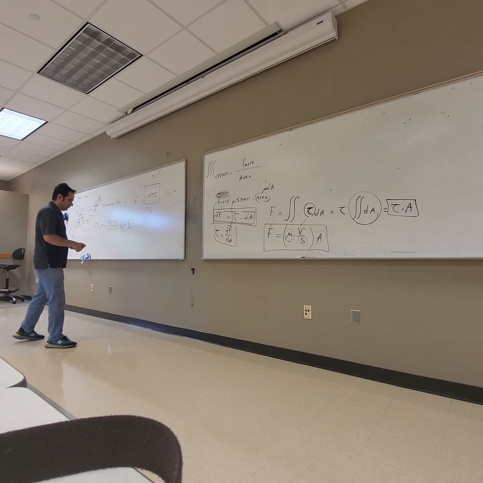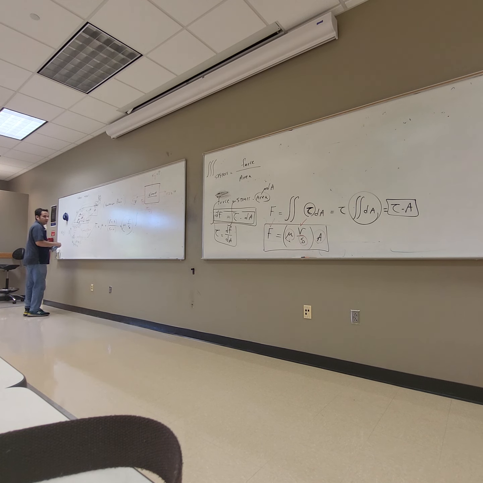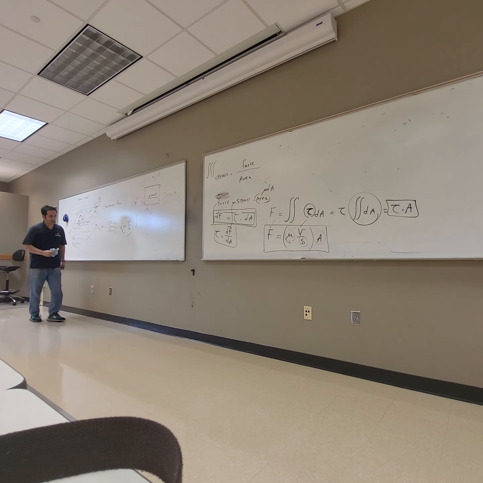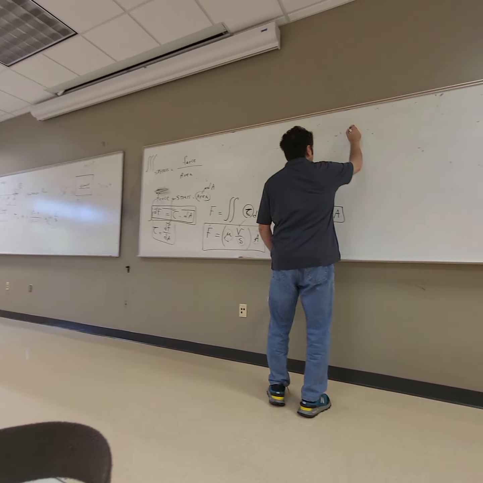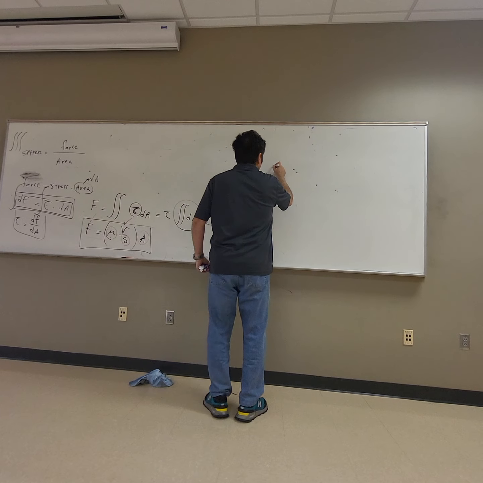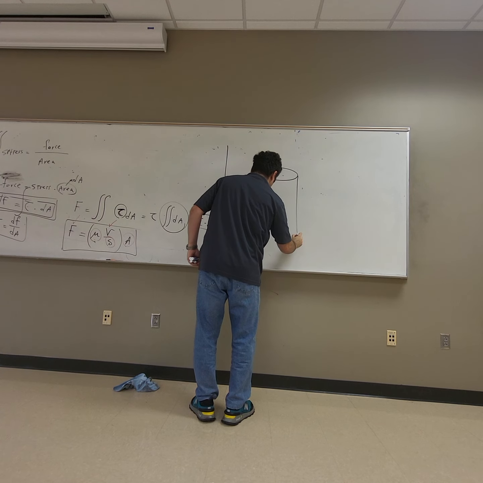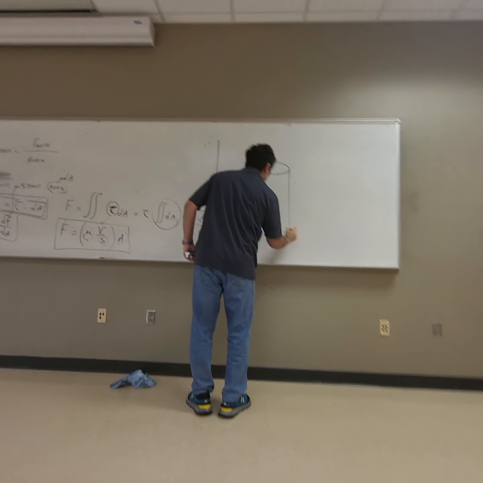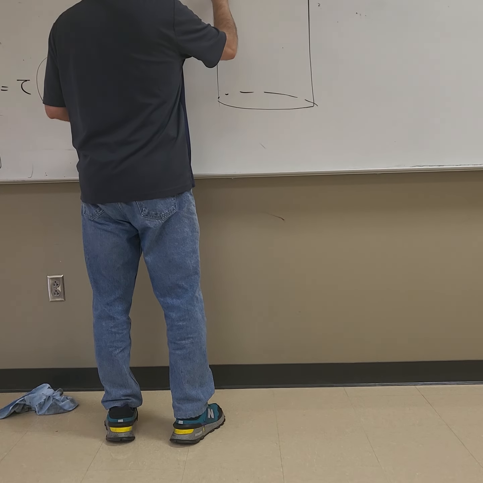Another way is to make a rotating cylinder. I want to show it here. So let's say I have this cylinder, right? And this is an enclosure.